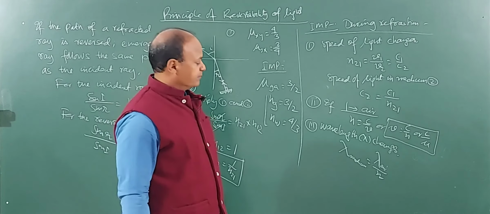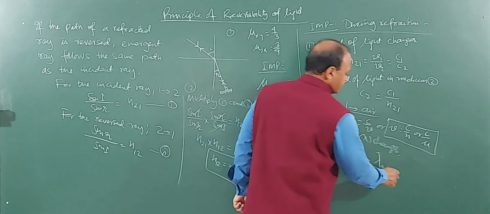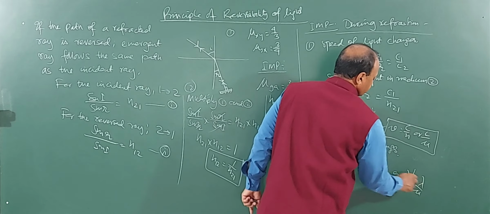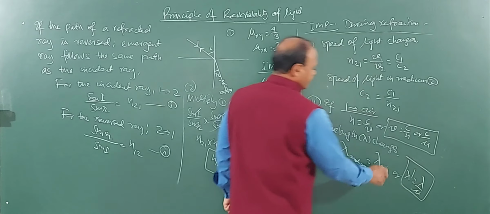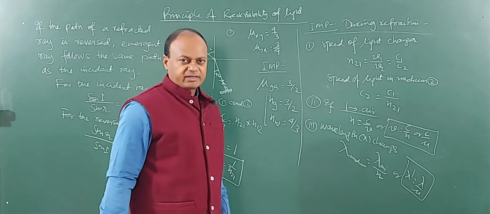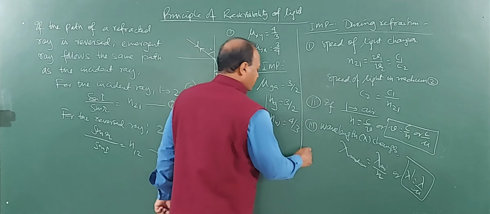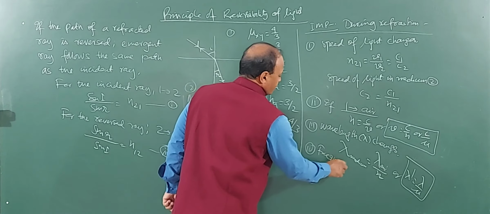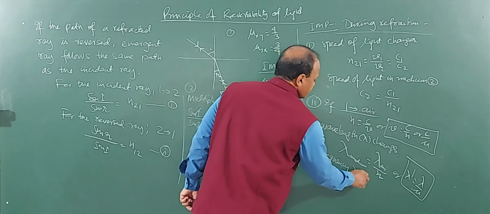Clear? This is an important formula, or we also write like this: lambda dash is lambda by mu, where mu is same as n, symbol of refractive index. Now, the fourth thing is interesting. Frequency remains same.